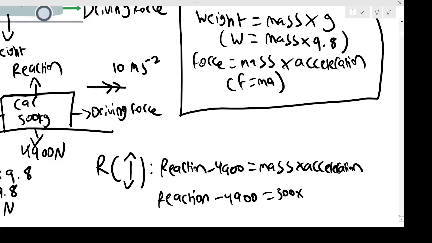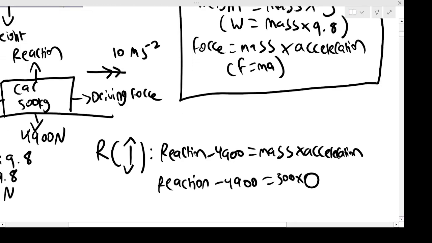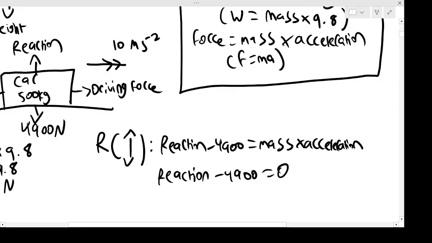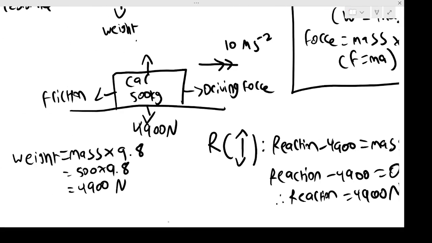It's moving right and left, so that means the vertical acceleration is 0. Okay, so that's the idea. We could split up to horizontally and vertically. But there's no acceleration vertically, so actually it turns out this all equals 0. Therefore, simply my reaction is also 4,900 newtons. So I can add that on.